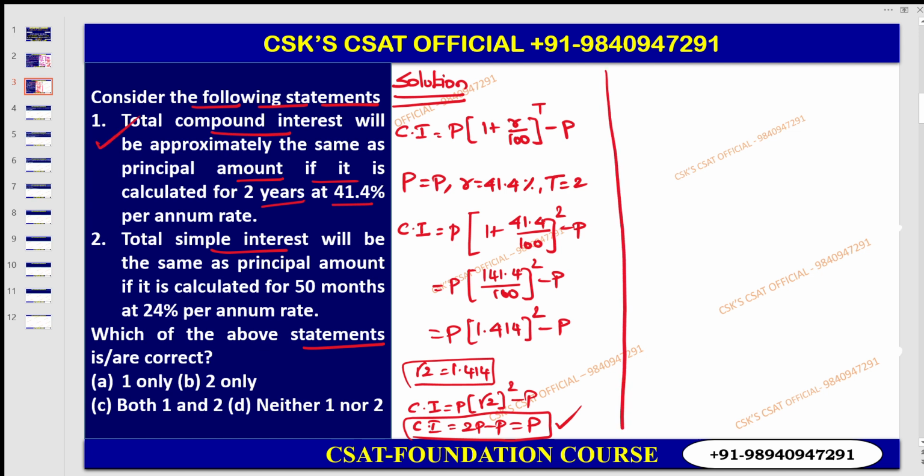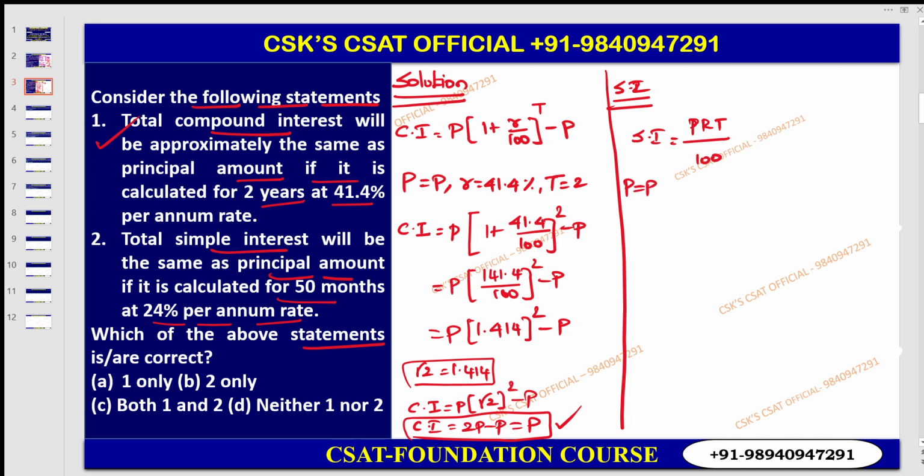So let us see the second statement. Statement number 2: the total simple interest will be the same as the principal amount if it is calculated for 50 months at 24% per annum rate, right? Here you need to know the very basics. This you learned in your school days, and I also provided it in your class: P into R into T by 100.